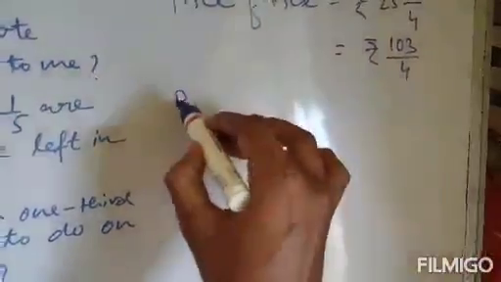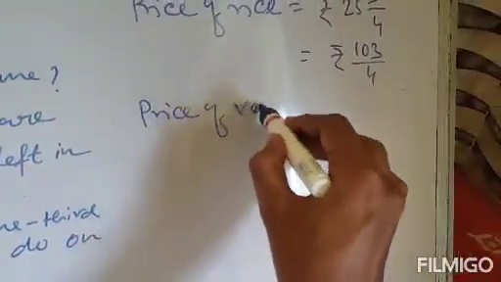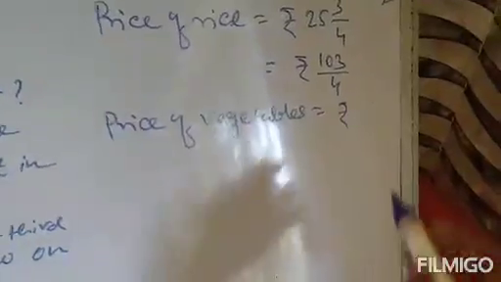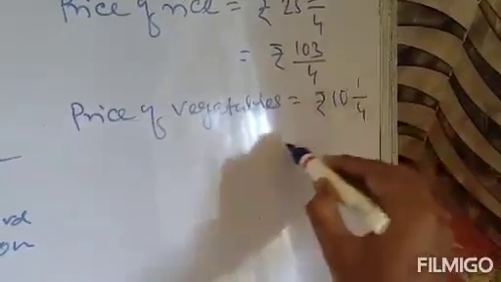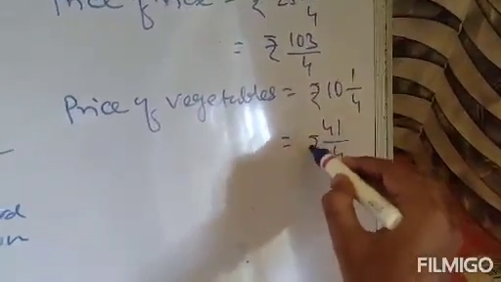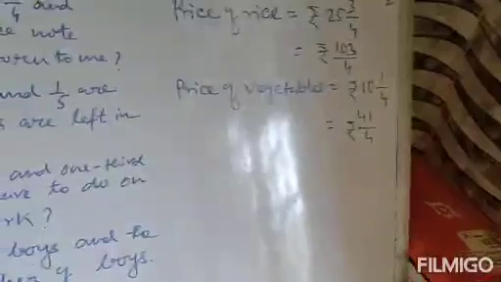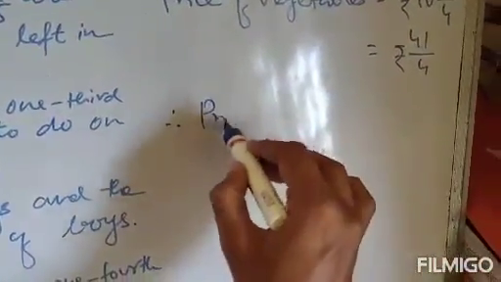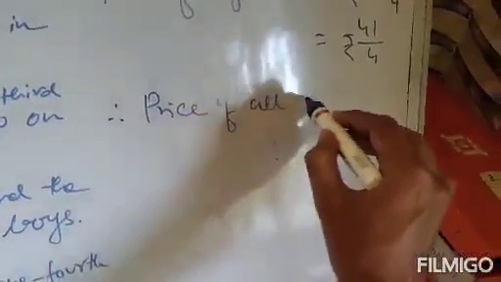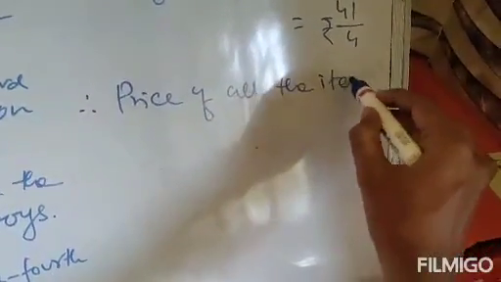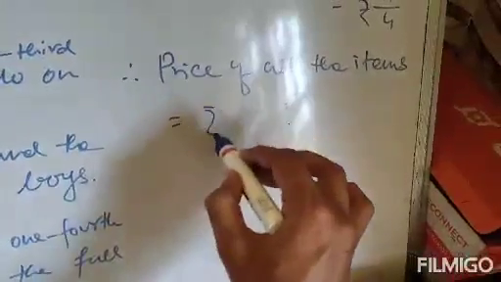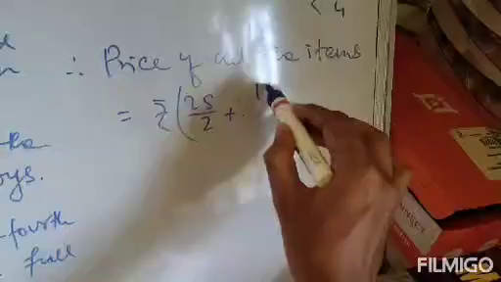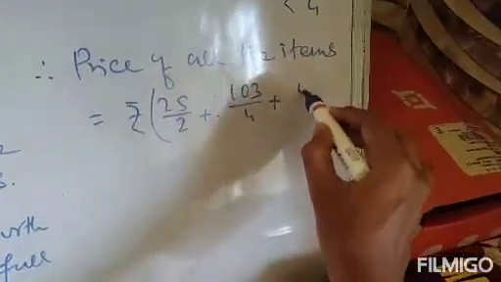Then price of vegetables is rupees 10 1/4, so 41/4 rupees. Clear? Then the price of all the items, we will add all these: rupees 25/2 plus 103/4 plus 41/4.